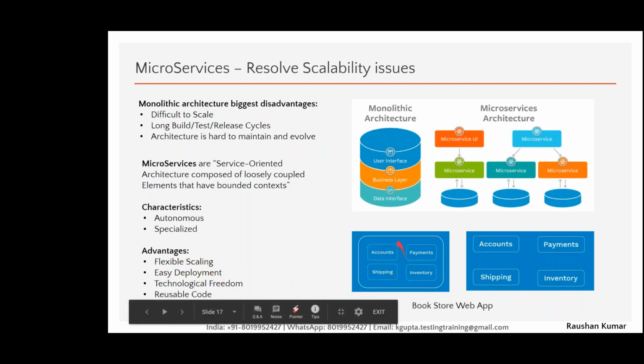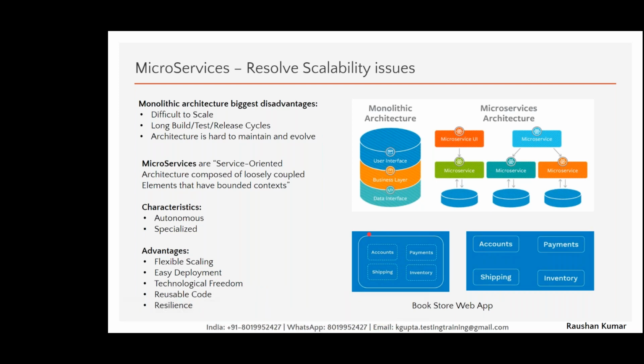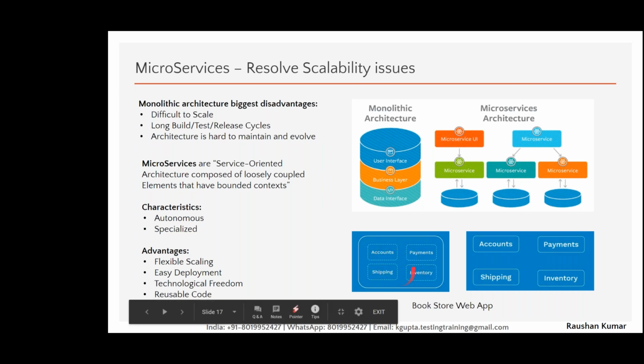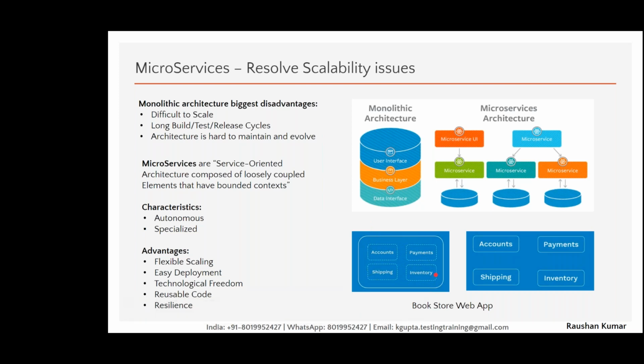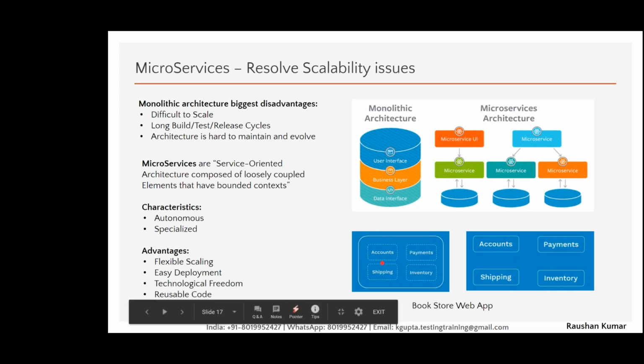Yes, in the case of a monolithic application, if I need to deploy even a small bug fix, I have to build and deploy the entire code because it's tightly coupled. Here the modules are dependent on each other.